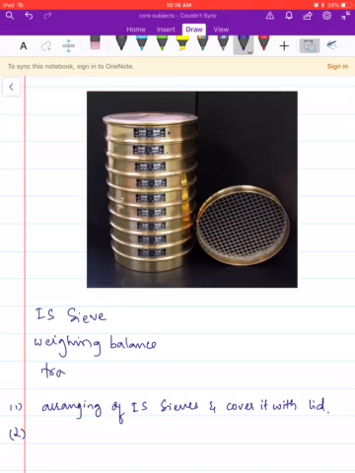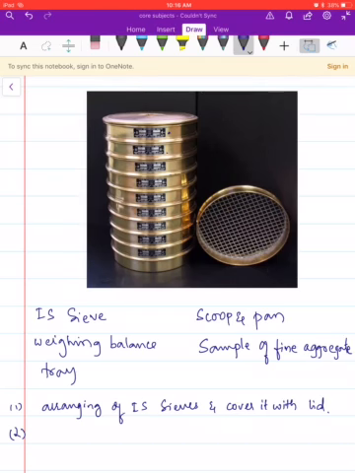Then a tray for easy handling of your soil sample, scoop and pan. And then at the end we require a sample of fine aggregate.